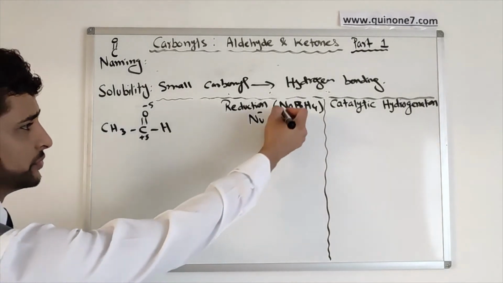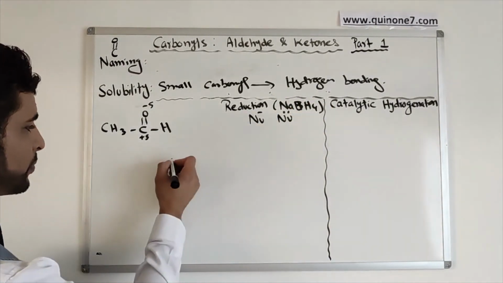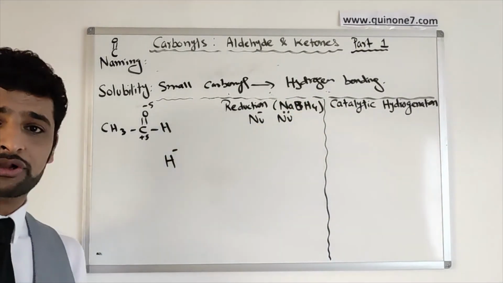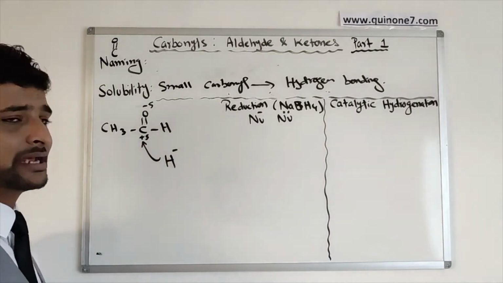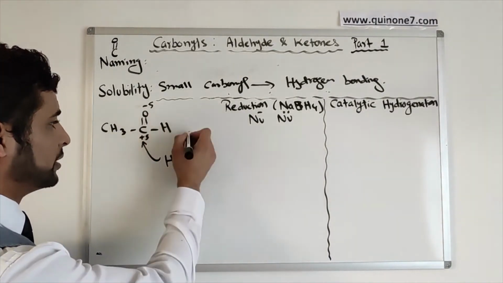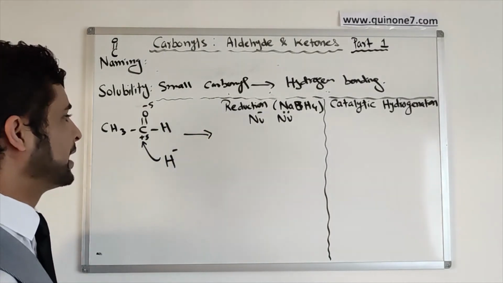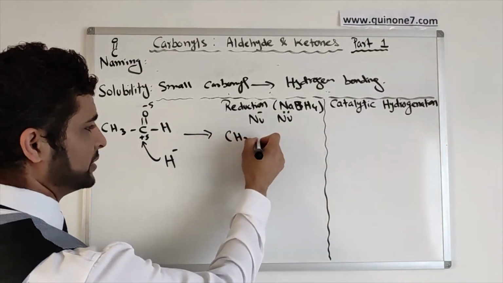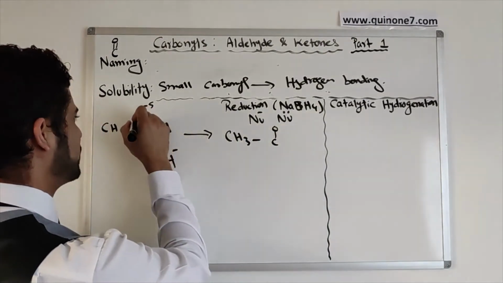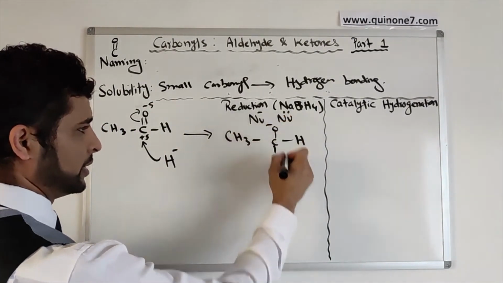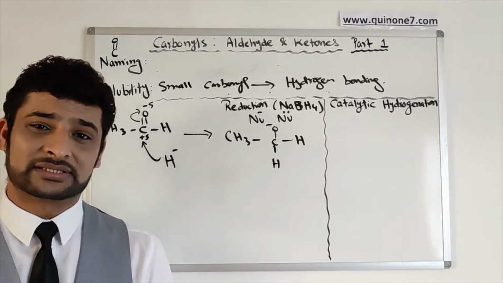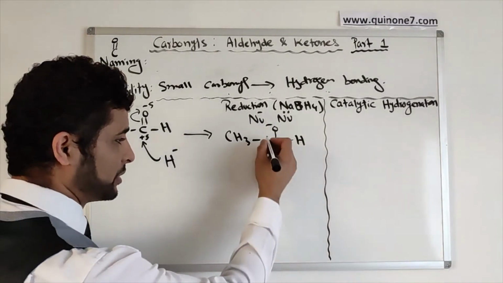Now if I use NaBH4, which will provide hydride ion instead of H positive ion, that hydride ion will attack the carbon of the carbonyl group, and it will produce CH3, C, O, and this will be H. Now oxygen will carry a negative charge this time because it's happening in aqueous solution.